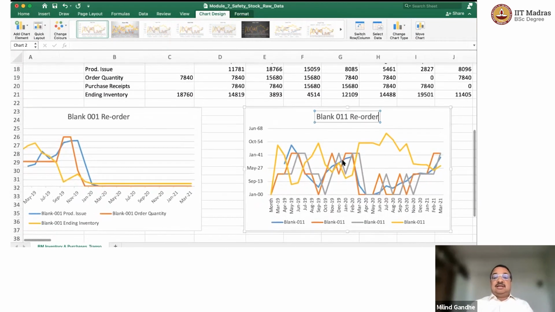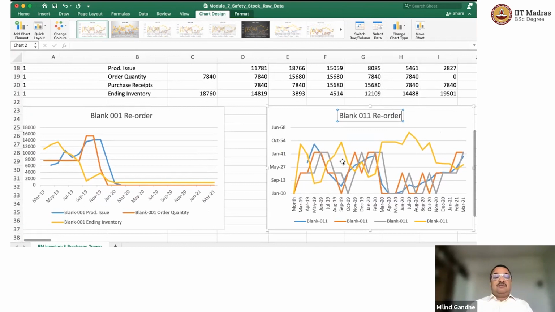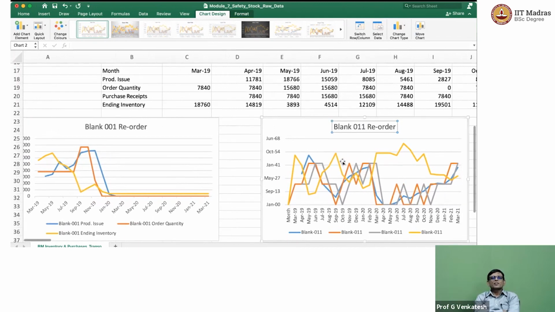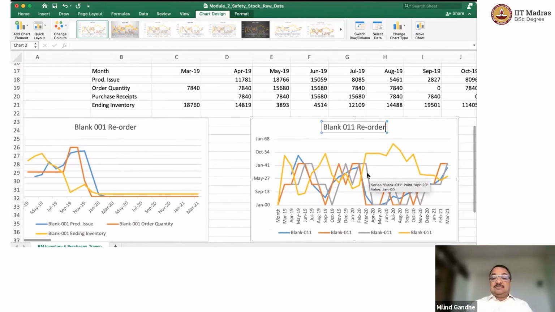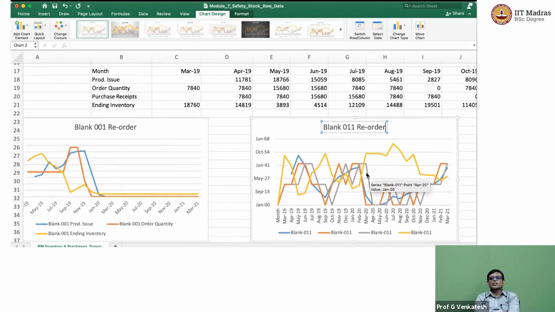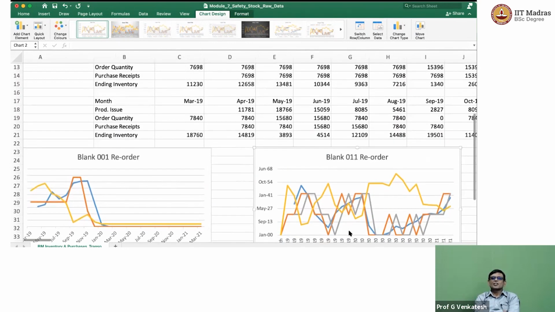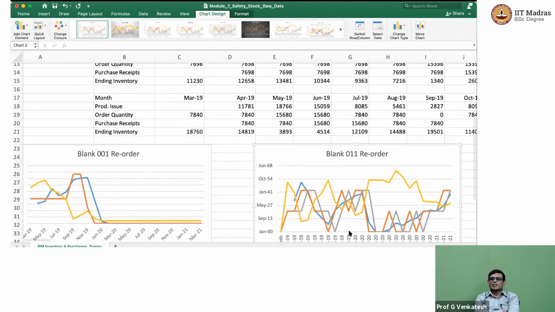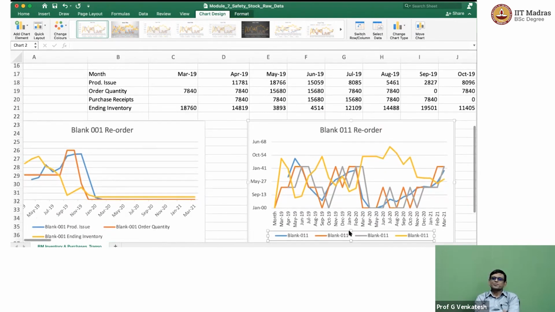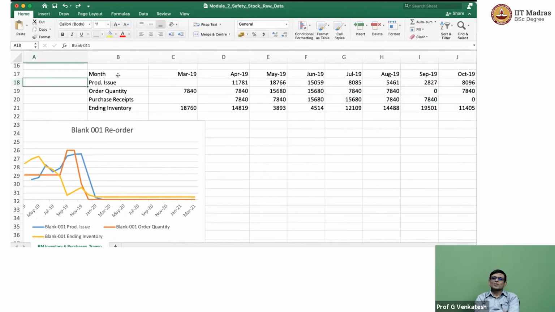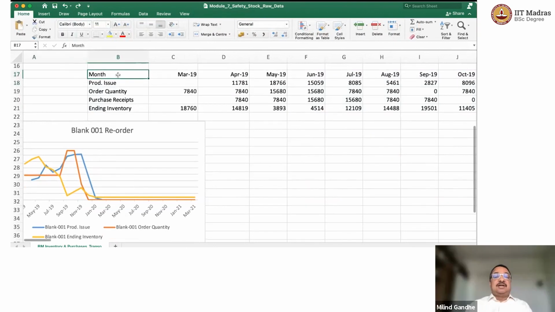Okay. And then, as always, should I delete the order quantity? Why did you give those? I'll delete purchase. I think, Milind, you should have started from B. Why did it give those as type? I think you started from A when you made the graph. Right, I got it.